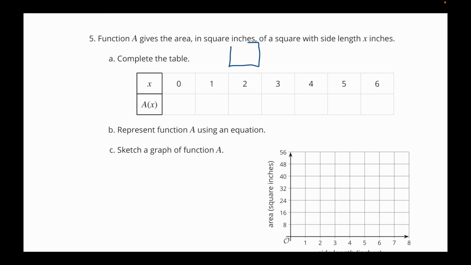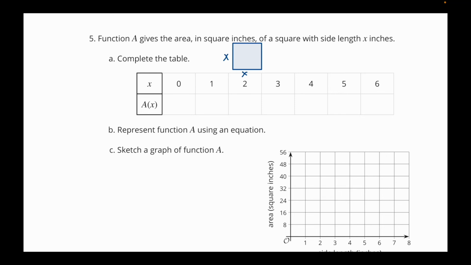So a square, if we are more accurate about this, my shape was pretty bad here, but a square has all four sides the same. Now area, that is going to be our length times our width. And that is going to be x times x.